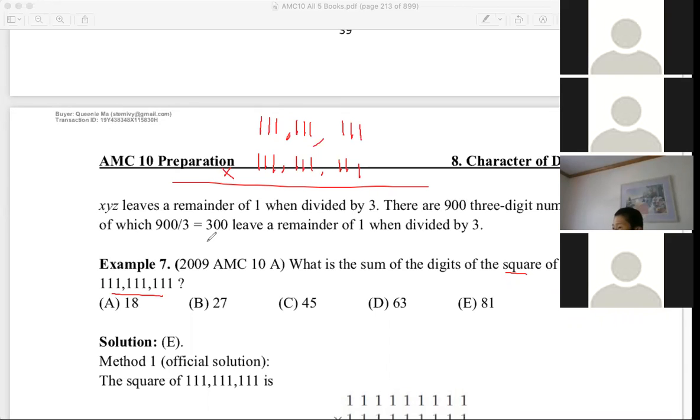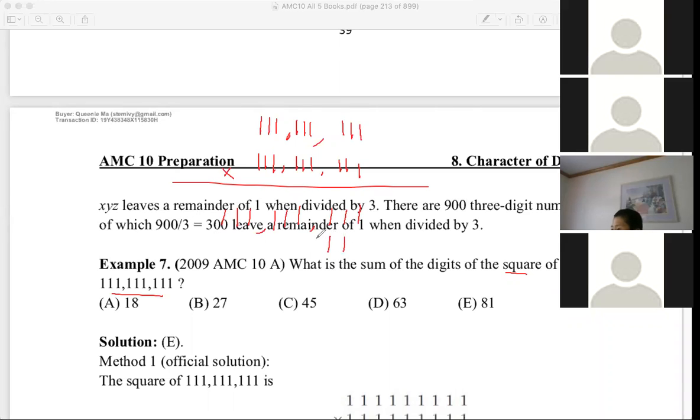So the official solution is just to do this multiplication. But when you do this multiplication, you need to find the pattern. First use 1 times this number, you get 1, 1, 1, then 1, 1, 1, then 1, 1, 1. Next time, you just shift this number to the left 1 step.